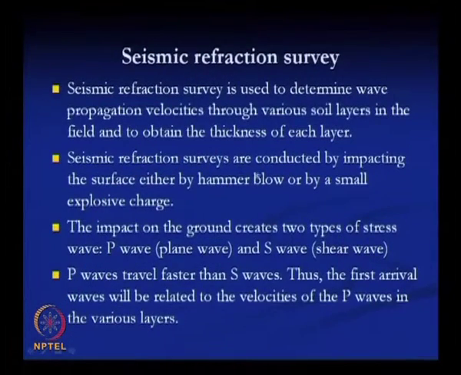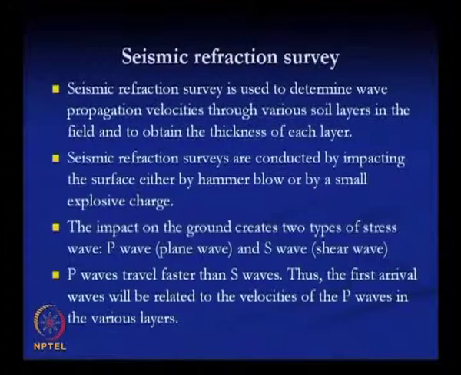Seismic refraction surveys are conducted by impacting the surface either by hammer blow or by a small explosive charge. That means we have to create waves, and with the help of these waves we determine the soil properties, the velocity of the wave, and the respective thickness of the layers.